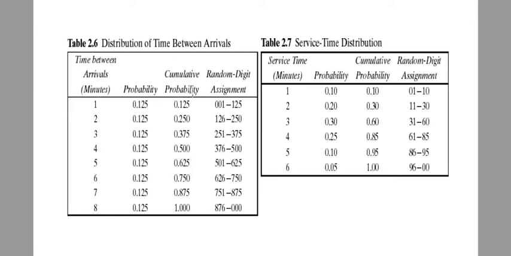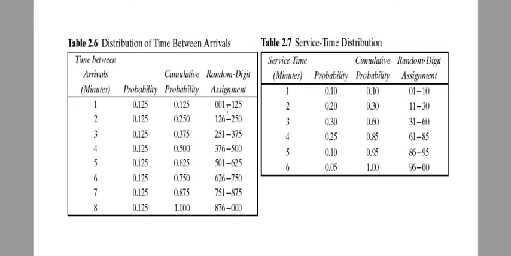After creating the cumulative probability, we can find out the random digit assignment from it. So how will we do that? We will start the number with 1 and end the number with 0. That is the rule. You can also start with 0 and end at 999, like that.